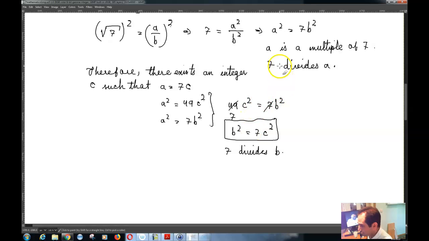Now we have already shown that 7 divides A and also 7 divides B, meaning that A is a multiple of 7 and B is also a multiple of 7.